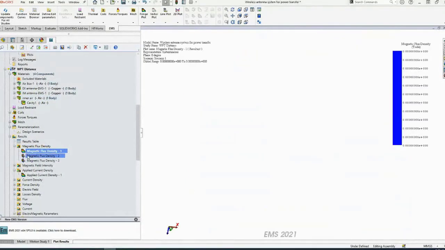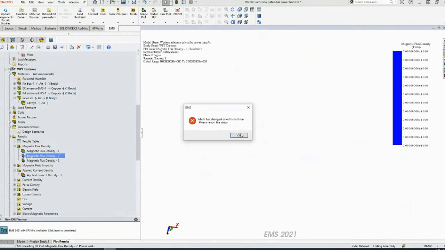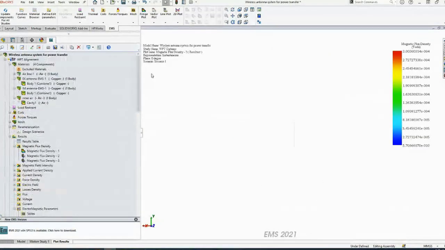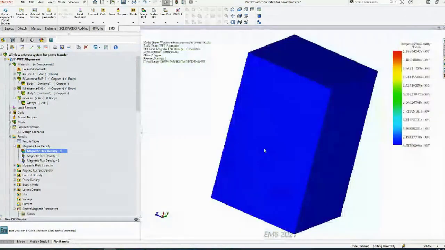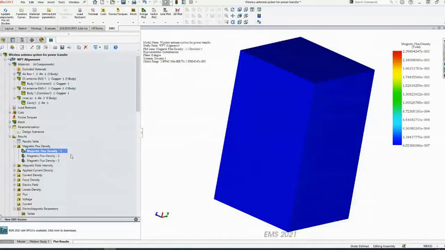Let me show it in the other case where I have parameterized the alignment. I think the other study needs to be rerun.